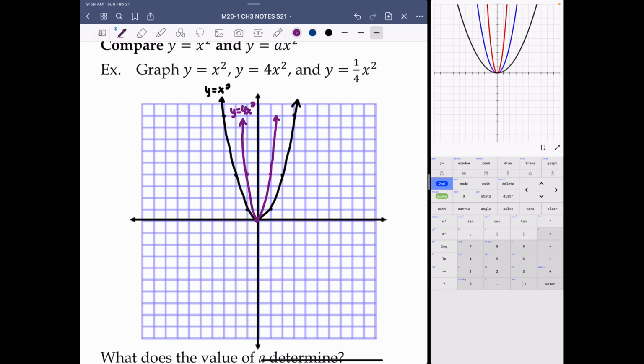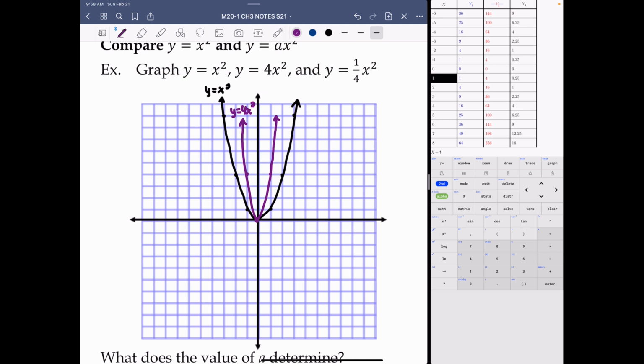Use our table to plot some points. And we still have a vertex at 0, 0. At -1, we have a y value of 0.25. So I'm going to just go to whole numbers. At -2 for the x, we have a y value of 1. At -4 for the x, we have a y value of +4. At -6 for the x, we have y equals 9.